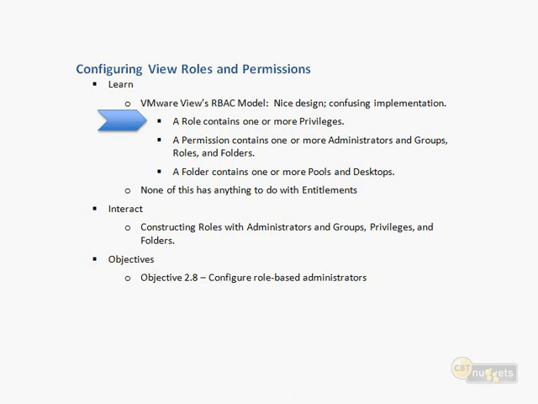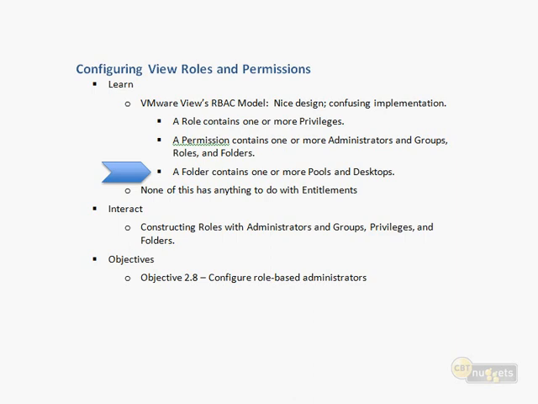So a role contains one or more privileges. A permission contains one or more administrators and groups, then a role, and then a folder. And then a folder contains one or more pools and desktops.